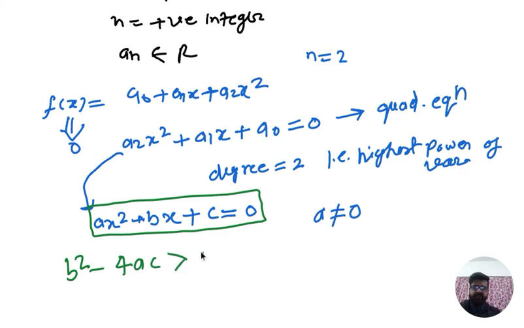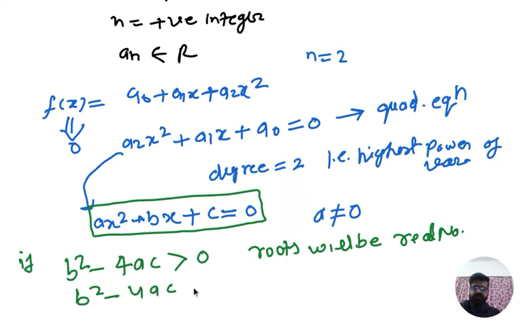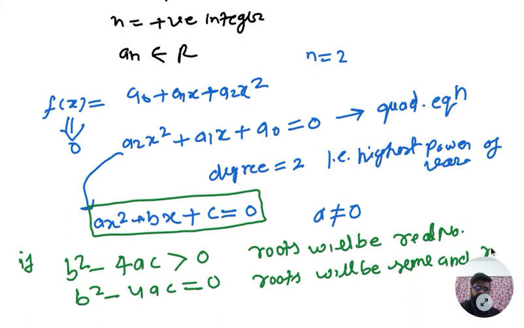If it is more than 0, then the roots will be real numbers. If b² − 4ac equals 0, then the roots will be same and real.